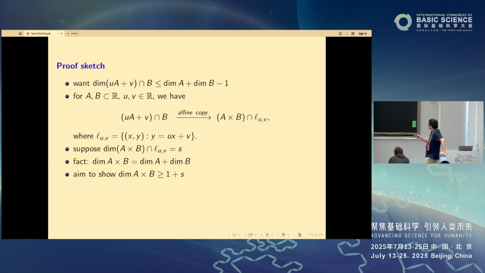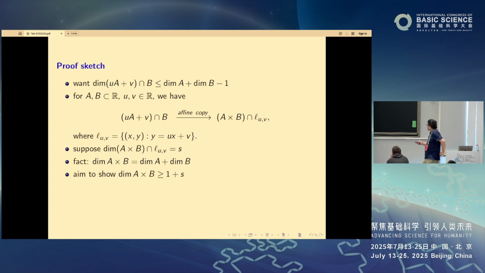Suppose we want to show this kind of bound. The very easy observation is that this intersection is just an affine copy of A times B intersected with this line, right?